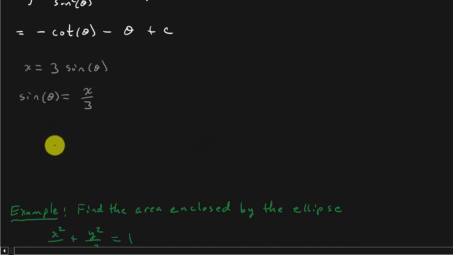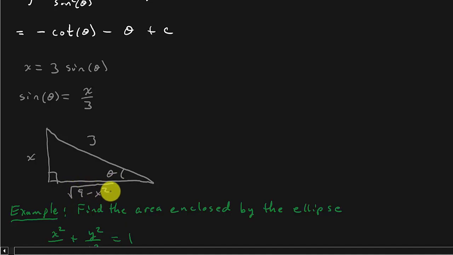And so if I draw my triangle, and I call this angle theta, remember sine is opposite over hypotenuse. And by the Pythagorean Theorem, this side is the square root of 9 minus x squared. I'll show it one time on this one.